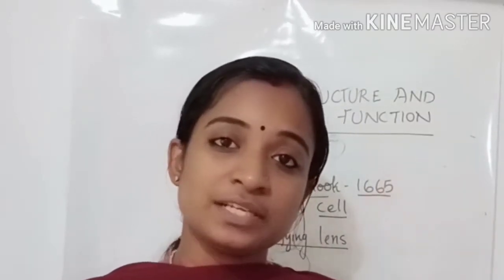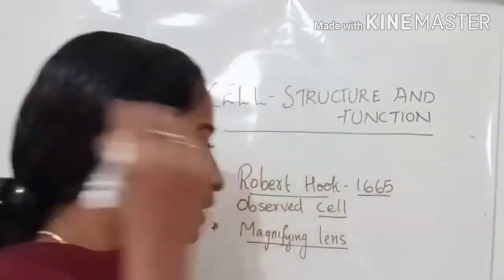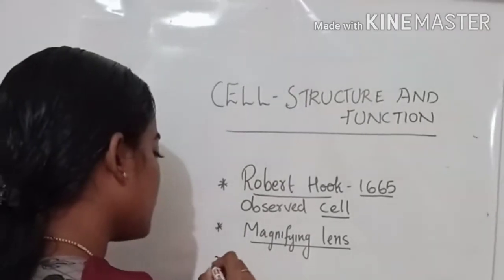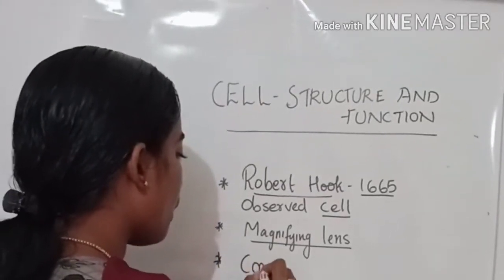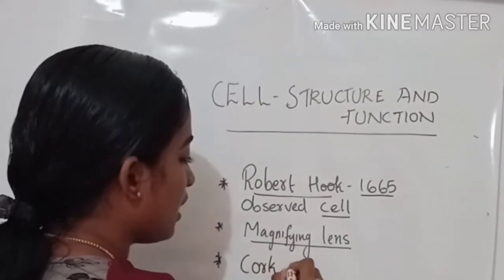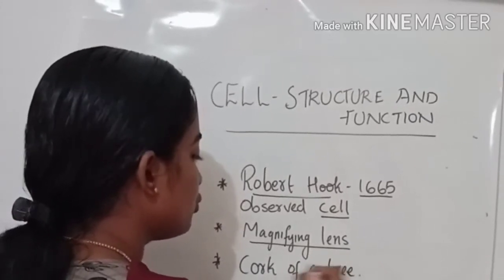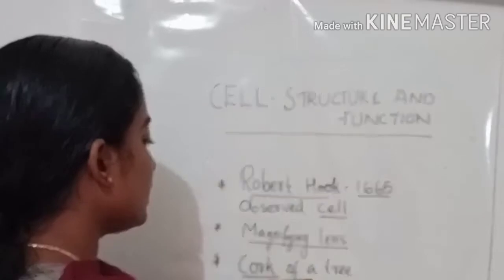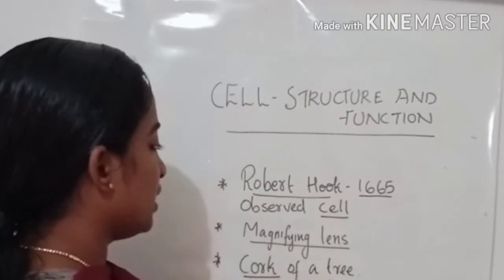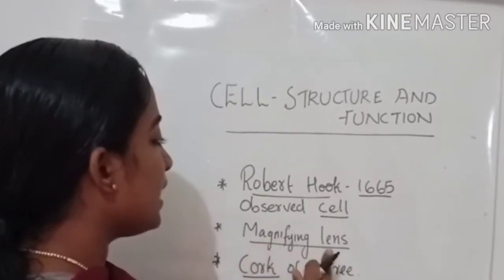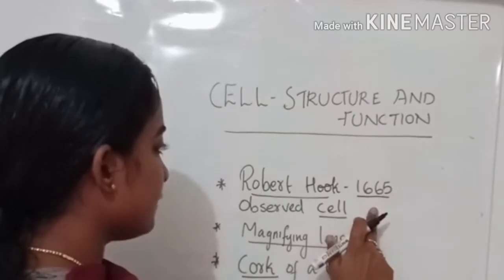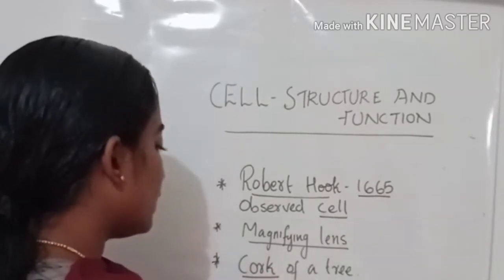In which did he observe the cell? In the cork of a tree. So he observed in the cork of a tree using a magnifying lens in 1665. What is a cork?